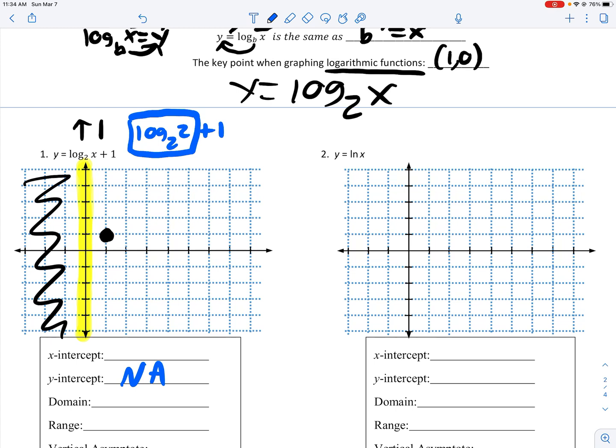It's asking you what power of 2 equals 2. That's what that box is asking you. What power of 2 gives you 2? That would be 1. So this is really 1 plus 1, so 2. So at 2, we're at 2.